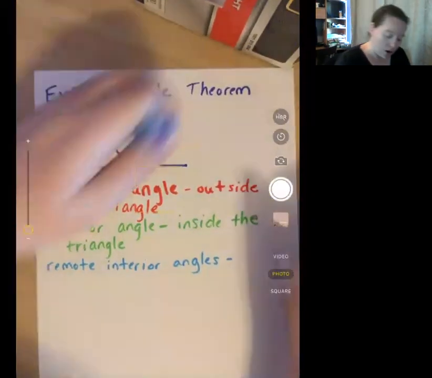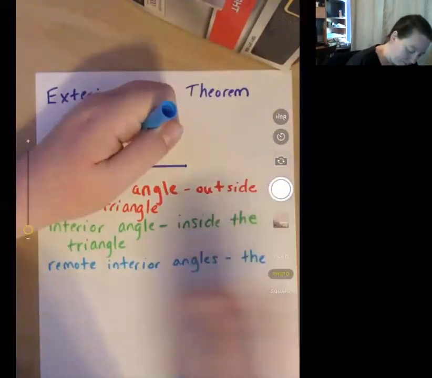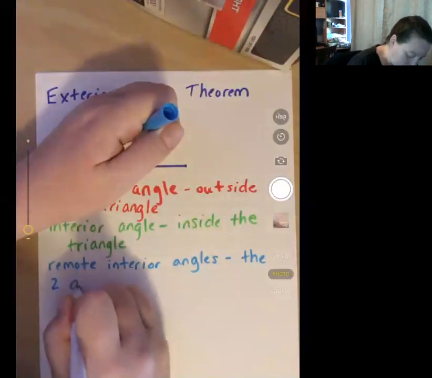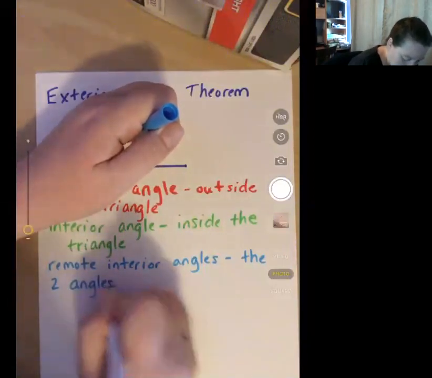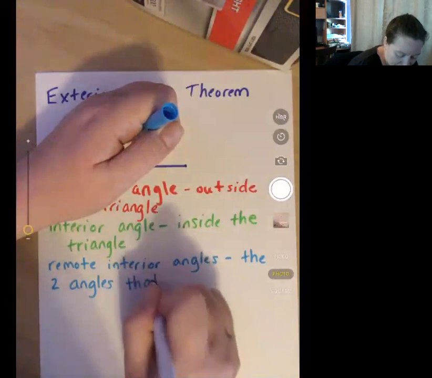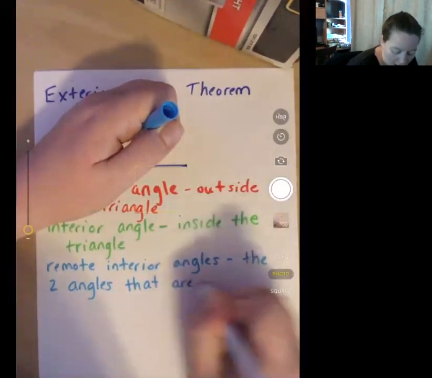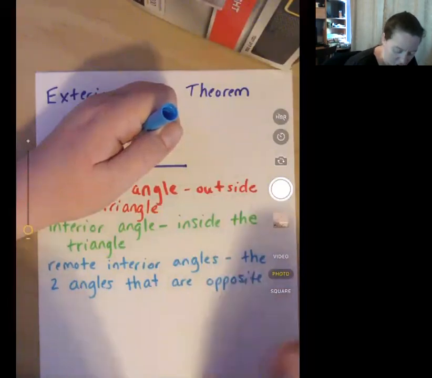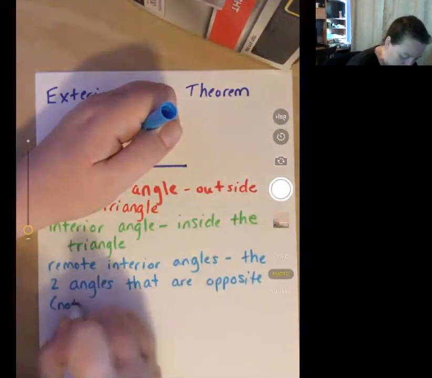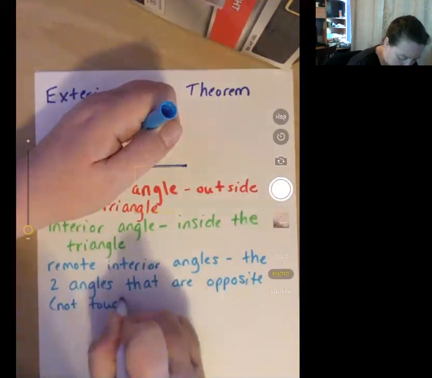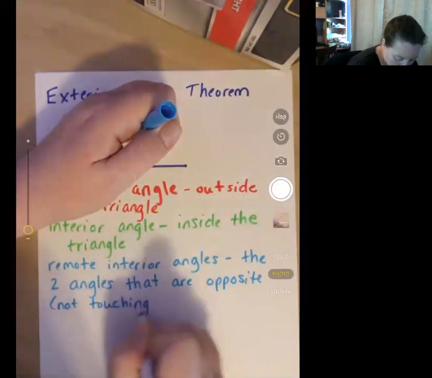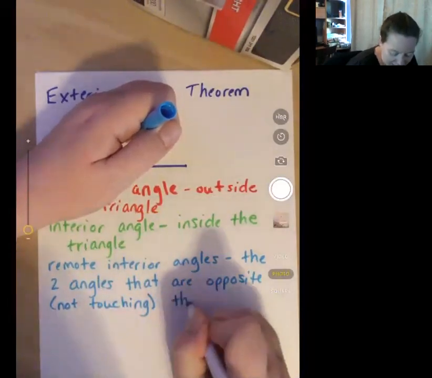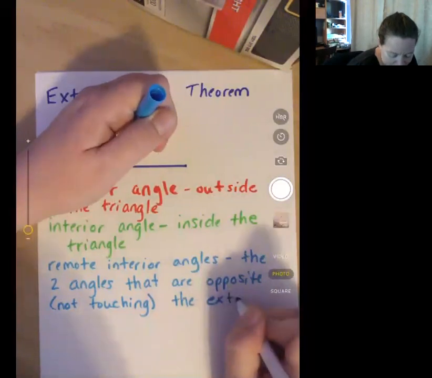Those are the two angles that are opposite, so that means not touching, the exterior angle.